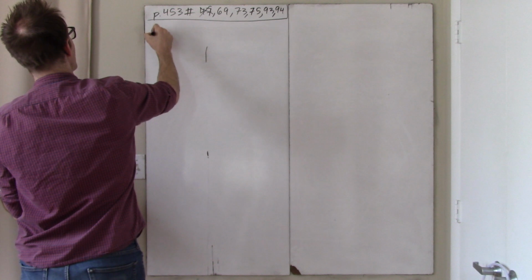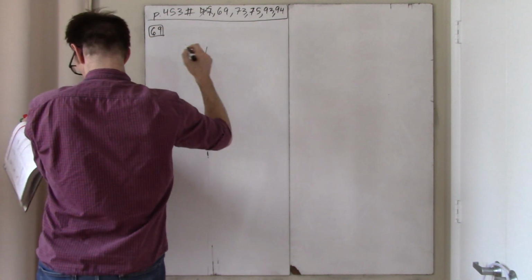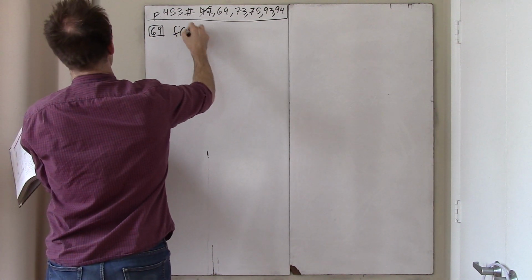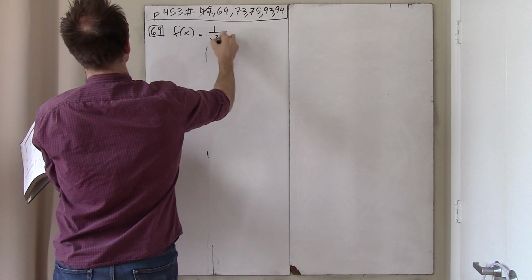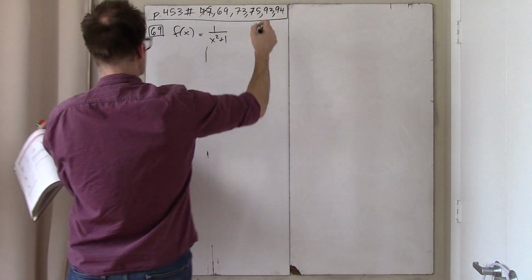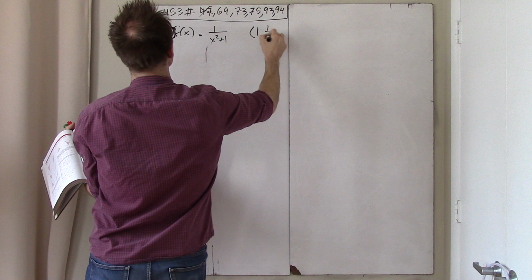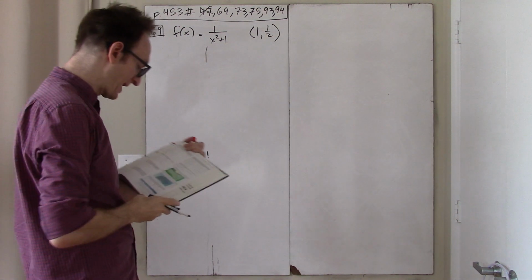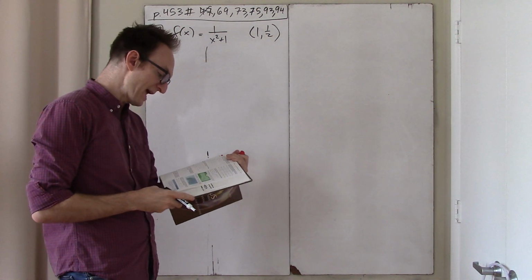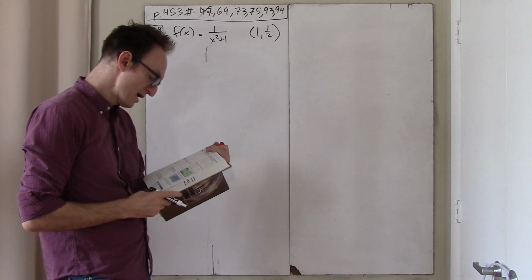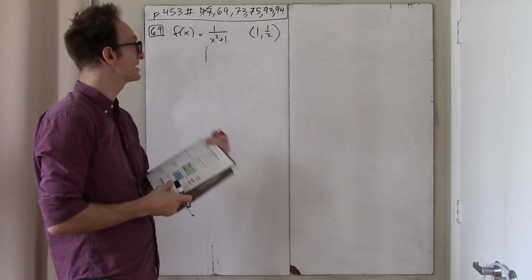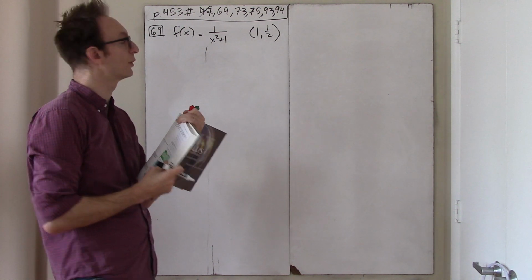Okay, so here we go. Our function is f of x equals 1 over x squared plus 1, and the given point is 1 comma 1/2. And the directions, once again, are to find the area of the region bounded by the graph of the function and the tangent line to the graph at the given point.